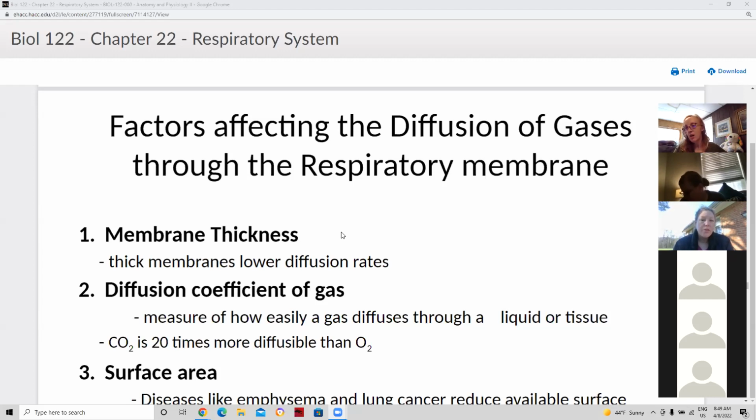Let me say it differently here. I have this paper right here, and this paper right here. How hard is it going to be for something to diffuse from this side of the paper to this side of the paper?